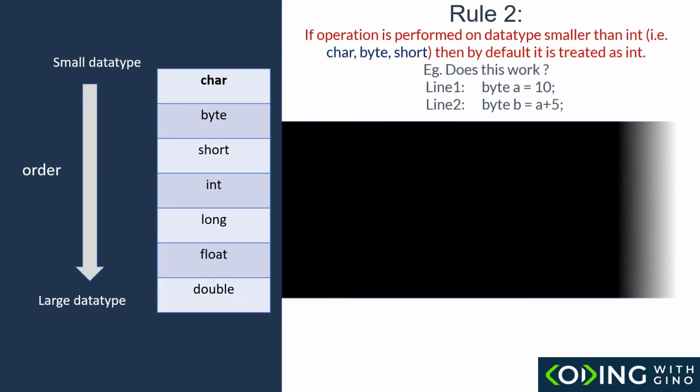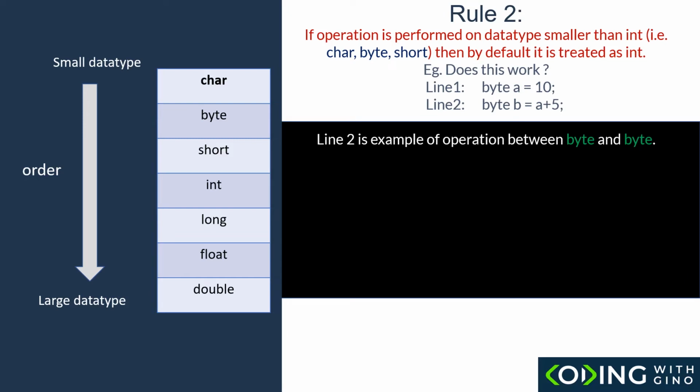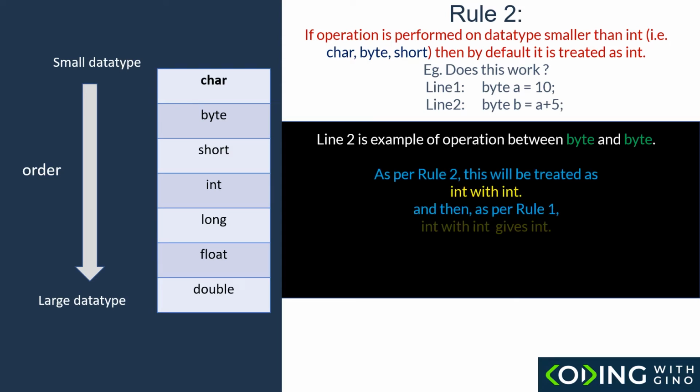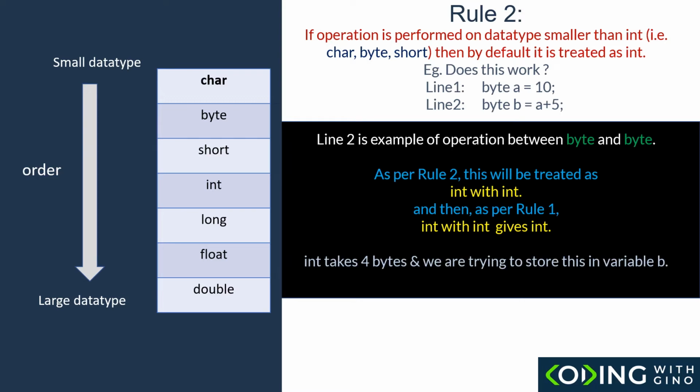Can you guess the output here? Line 2 is example of operation between byte and byte. As per Rule 2, this will be treated as int with int. And then, as per Rule 1, int with int gives int. The result of a plus 5 is thus of type int. Int takes 4 bytes and we are trying to store this in B. But B is byte data type and can only hold 1 byte.